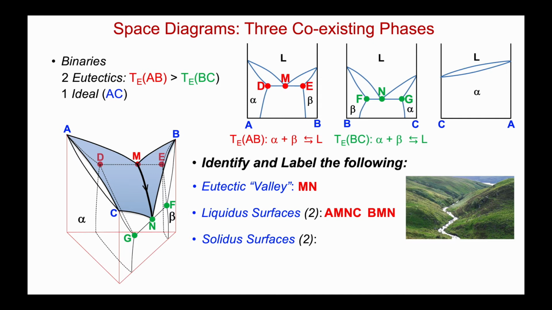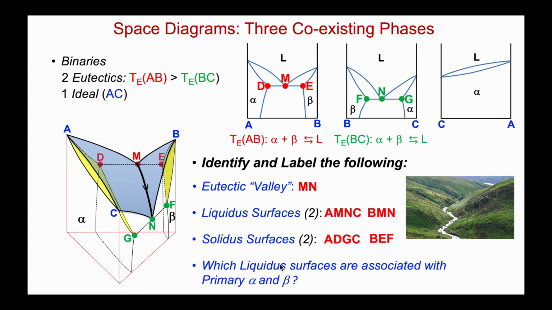Now let's identify the two solidus surfaces. Shade them in yellow. First of all, we have BEF. If my solid composition lies on this surface, the solid is beta. The other solidus surface, sort of wrapping underneath this liquidus surface, is ADGC, shaded in yellow, and that would be associated with primary phase alpha.